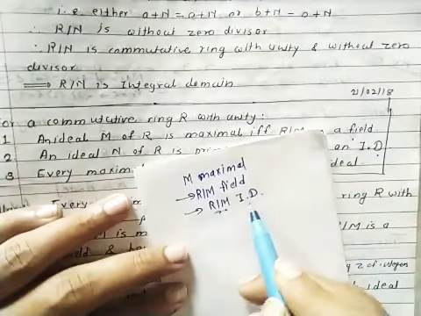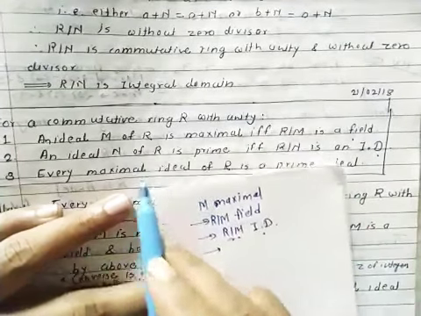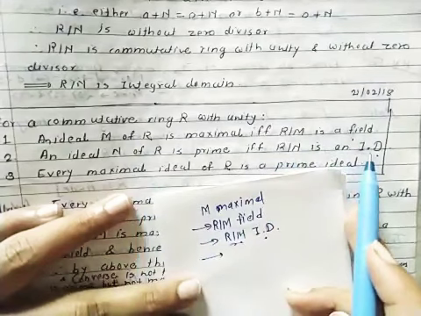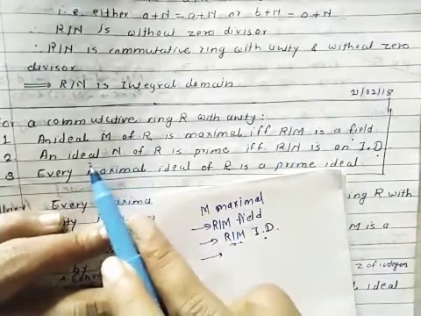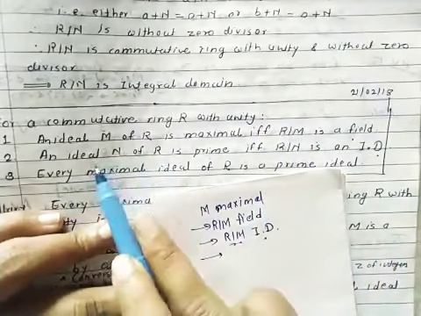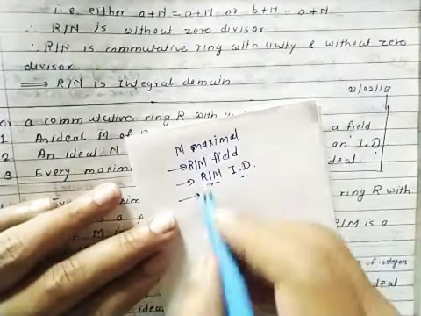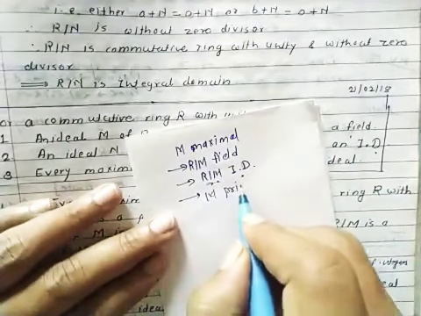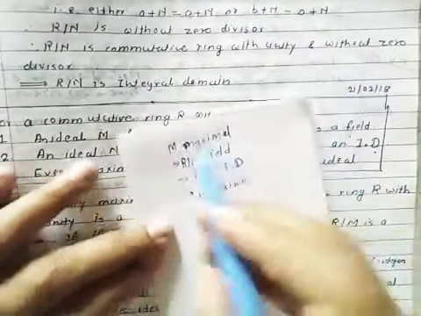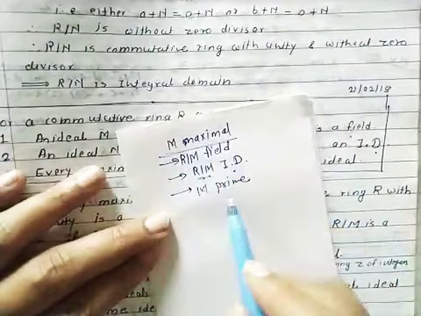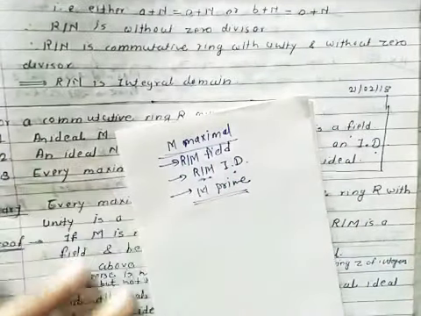Here R over M is an integral domain, so M will be a prime ideal. So using these first two statements, what do we get? If M is a maximal ideal, then M will definitely be a prime ideal.